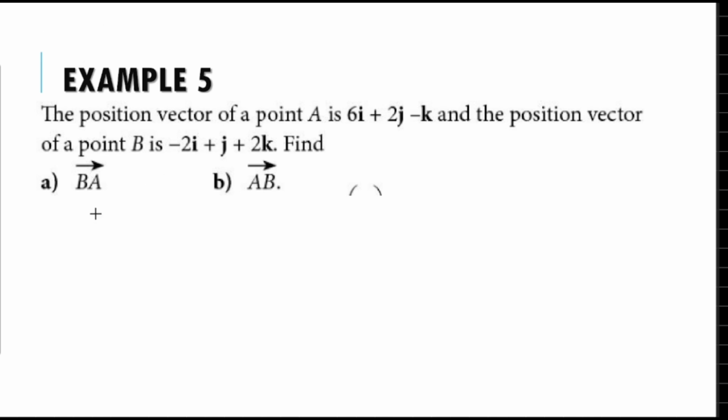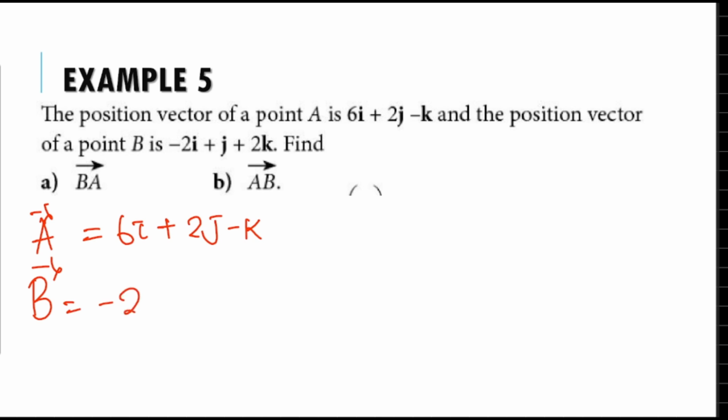So we have that A equals 6i plus 2j minus k, that's A, and then B equals minus 2i plus j plus 2k, okay?